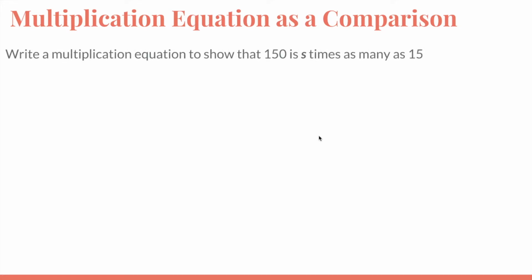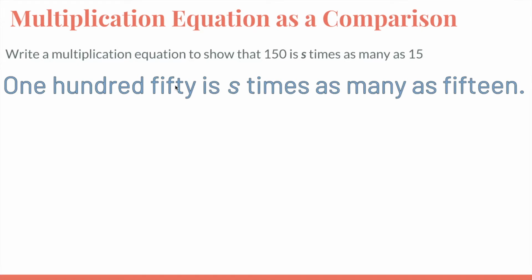Write a multiplication equation to show that 150 is, hold up, S times as many as 15. Huh? Don't get confused. Don't get scared. Don't get nervous. The same process happens. We just don't know what this value is right here. So we're going to use this letter to represent what we don't know, or the unknown. Okay, so we don't know the value of this, but we're just going to represent it with S. So again, 150 is S times as many as 15.